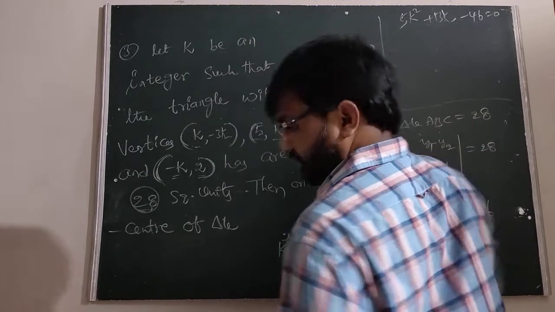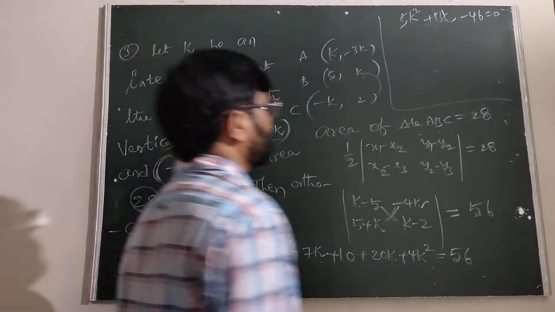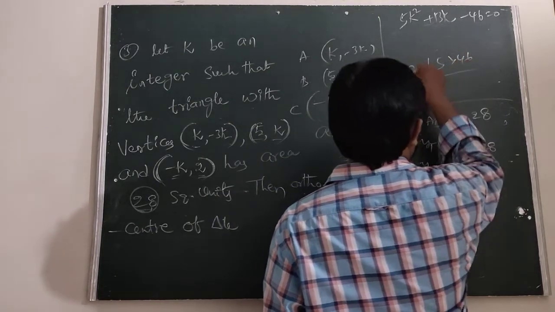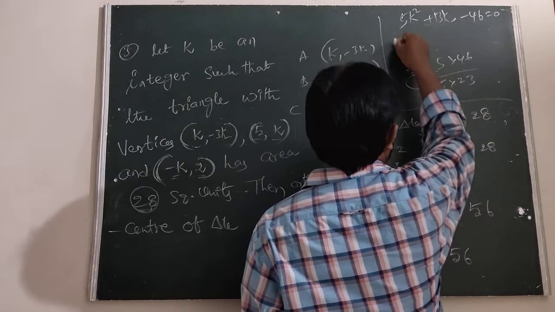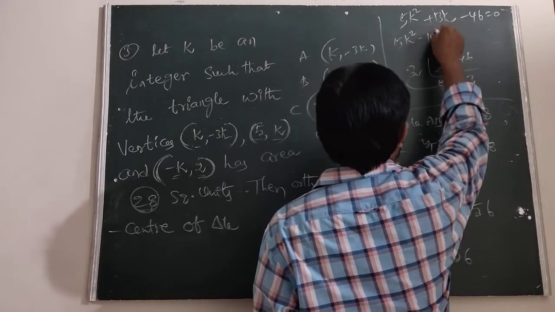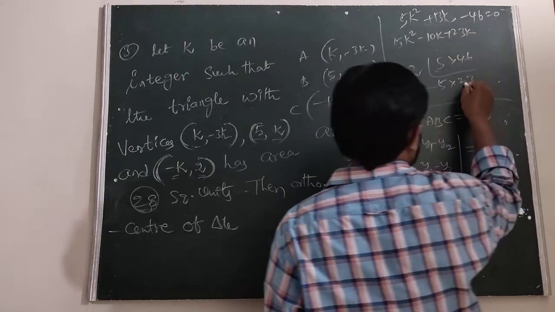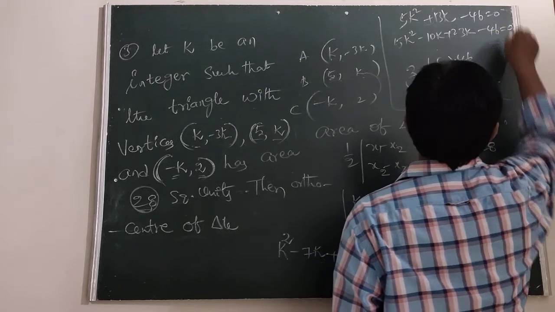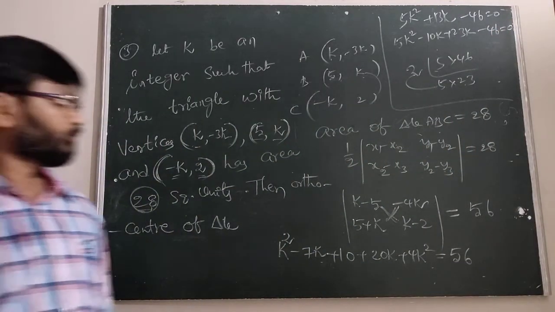Now the factorization. How to find it here? 5 into 46 is 230, and we take 23 and 10, since 23 minus 10 is 13. So 5k square minus 10k plus 23k minus 46 equal to 0.